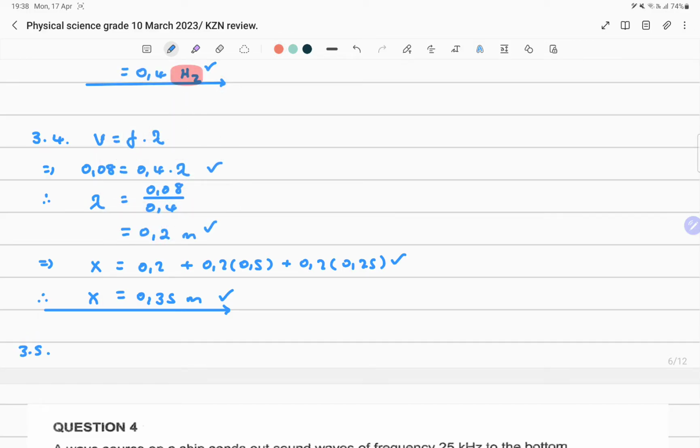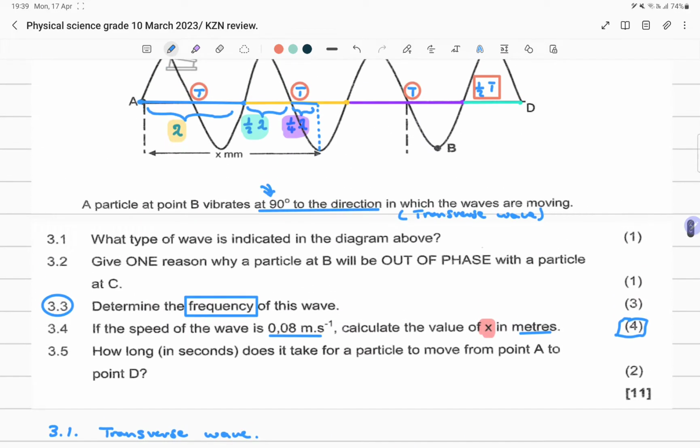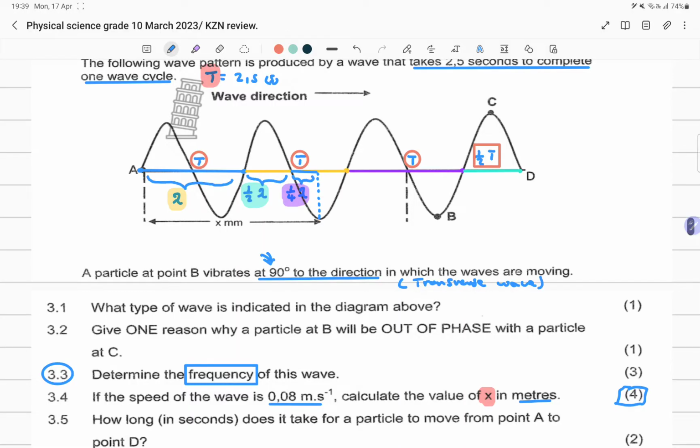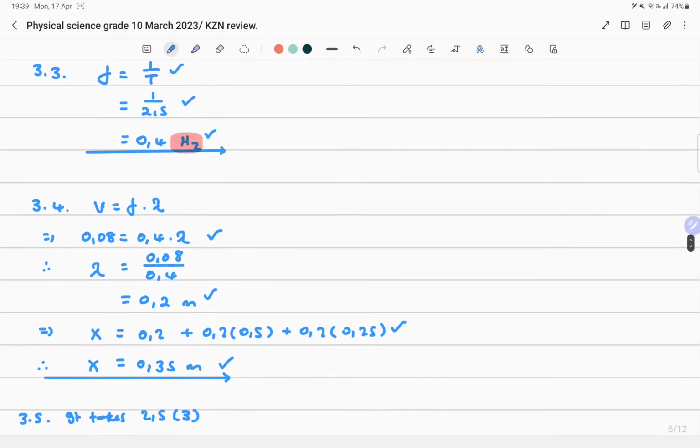3.5. We can say it takes 2.5. By the way, these are 3. There's 3 of them. So there's 3 full periods: 1, 2, 3, plus just a half of 1.